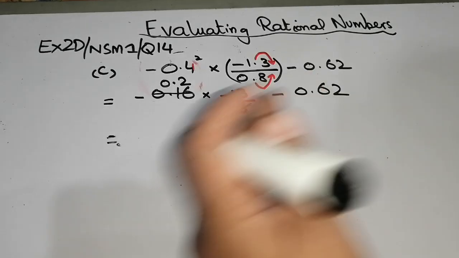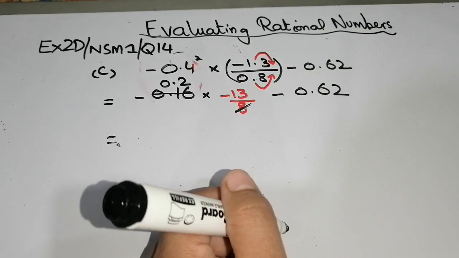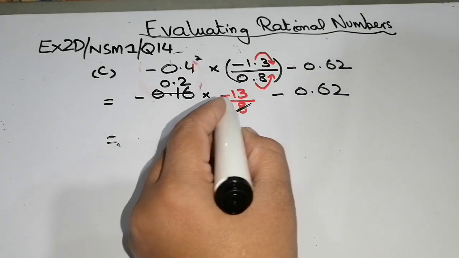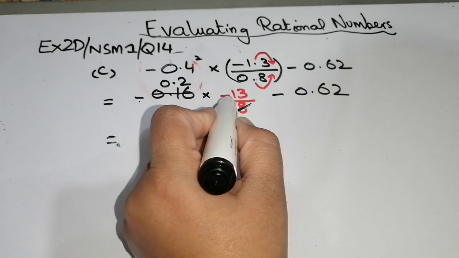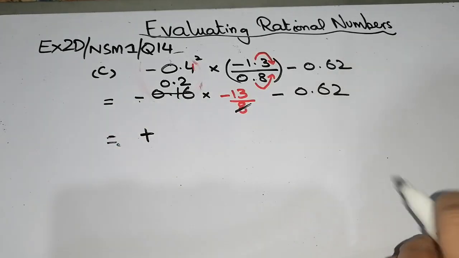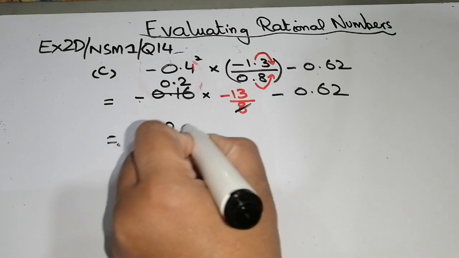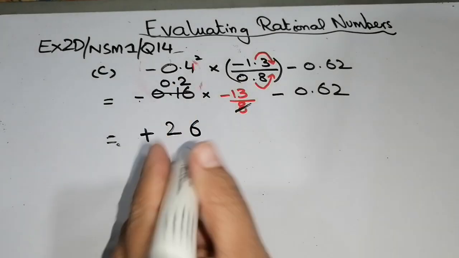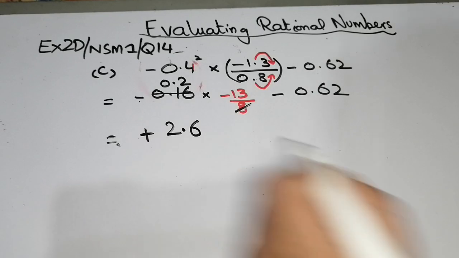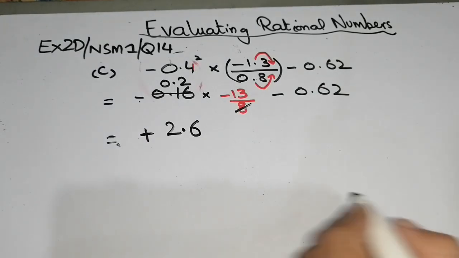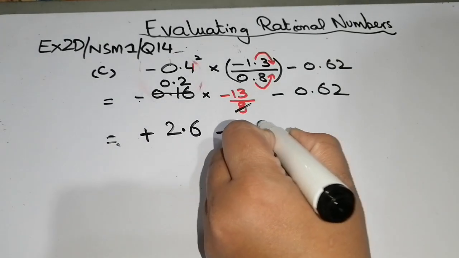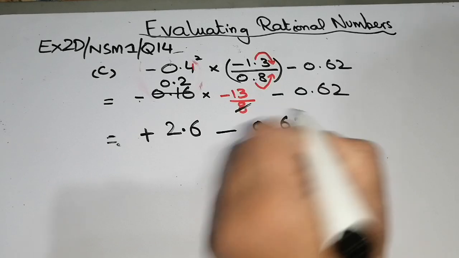Now if I am multiplying 13 with 0.2, first of all these two negative signs will give me a positive sign. Now I know that double of 13 is 26. After one digit there is a decimal, so it will become 2.6 minus 0.62.